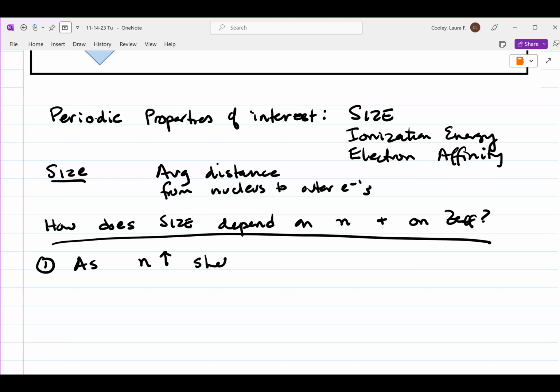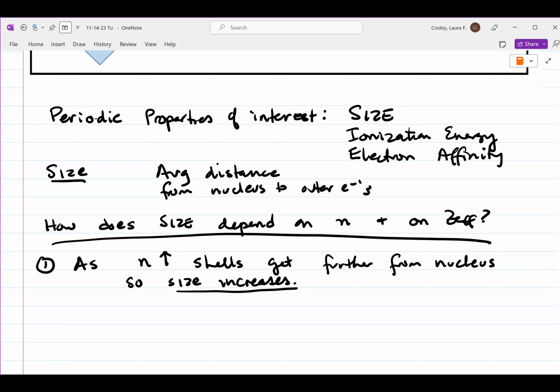So shells get further from the nucleus. So what does that mean for the size? Yeah, okay. So size increases. Okay, that makes logical sense.